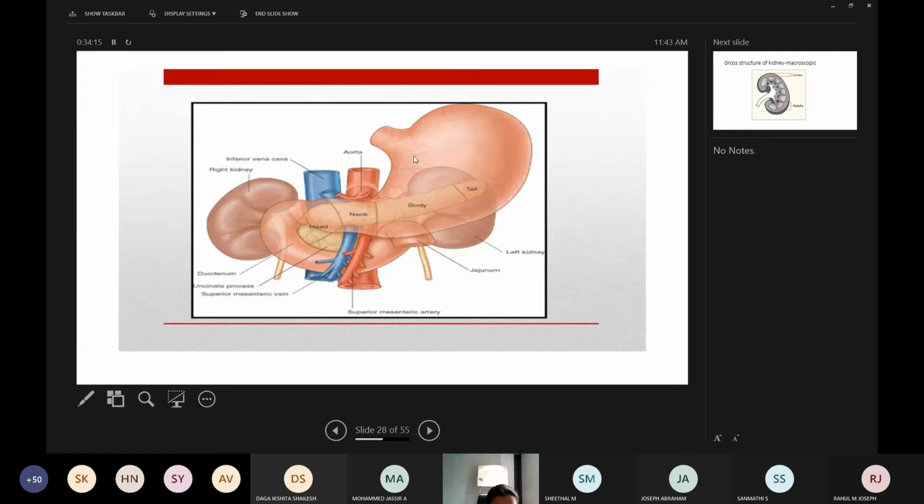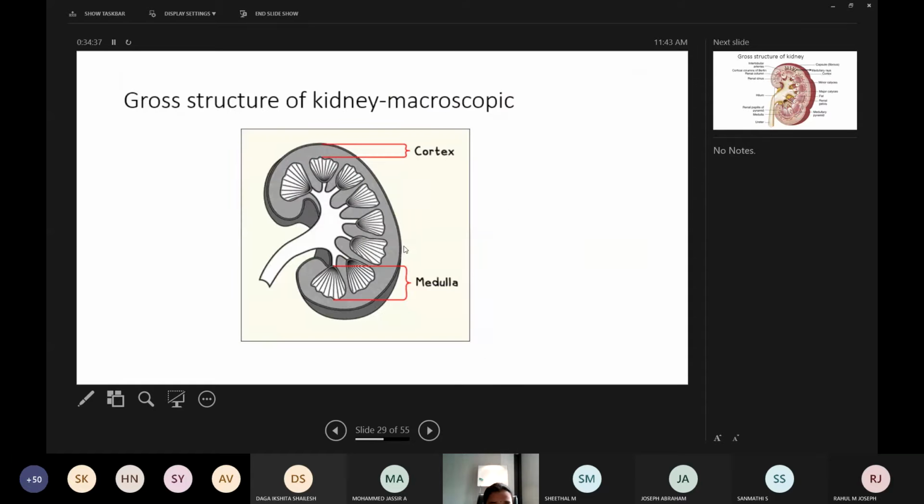Here you can see the surface impression. These are the kidneys. On the left side it is related to the posterior surface of the stomach, pancreas, jejunum, and you can imagine here we have the colon, right colic flexure, left colic flexure, and the transverse colon. Okay, that's about the anterior relation.